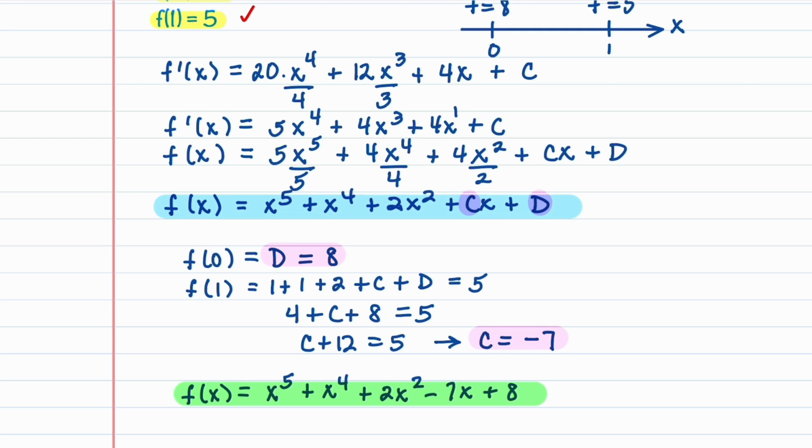And that's our answer. One nice way to check this answer is to let x be equal to 0 and then 1 and make sure that you get 8 and 5. And then you can check it even further by taking two derivatives, and you can see that you get 20x cubed plus 12x squared plus 4.